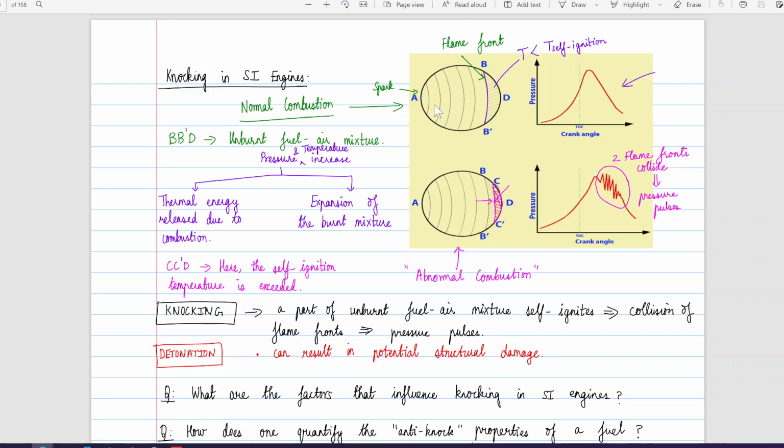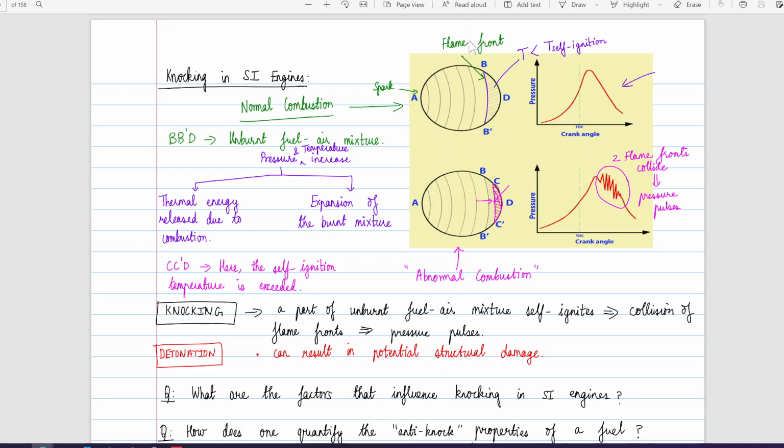So on one side, the flame will start propagating and the gases would expand. At the same time, at some other point in the cylinder, there can be some level of self-ignition because the temperatures have increased much more now, and this self-ignition also starts a flame front.